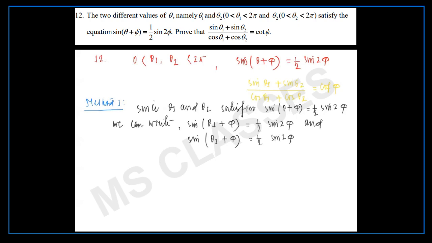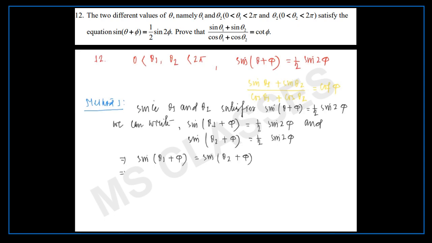Now we can understand that both quantities are equal to the same thing. If both quantities are equal to the same thing, this implies sin(theta 1 + phi) = sin(theta 2 + phi).